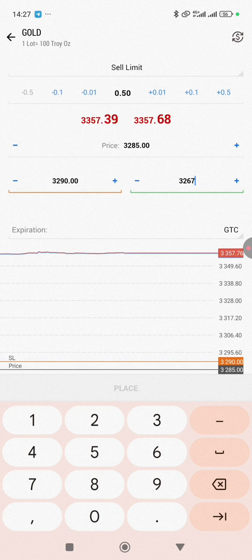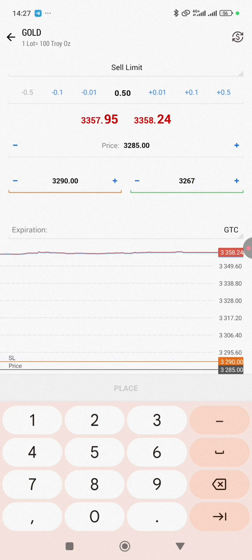3267. So you can see, you set a lower price for your sell limit. That's about 170 pips from your sell price. Am I right now? So all you need to do is then you click on place.